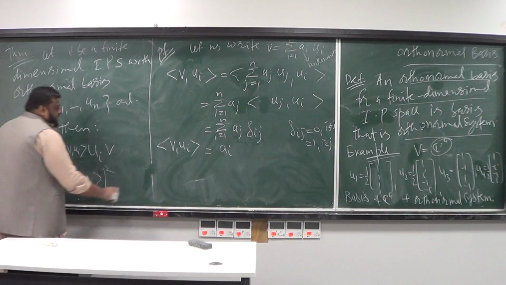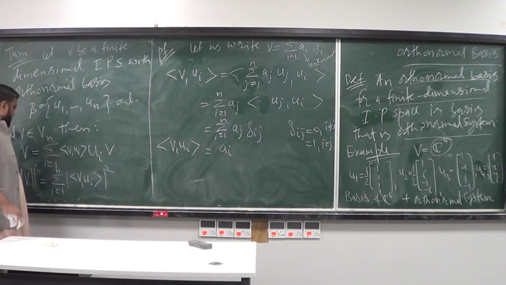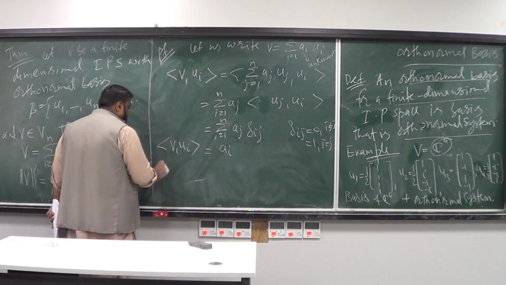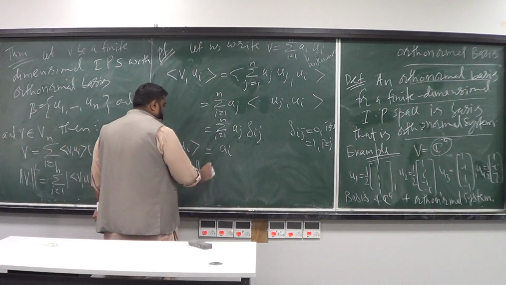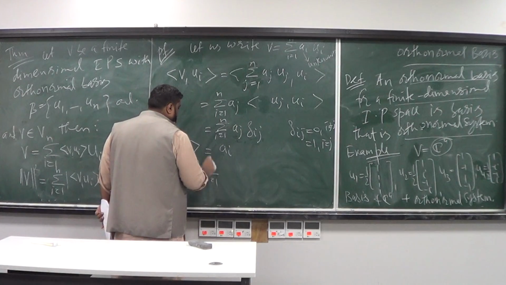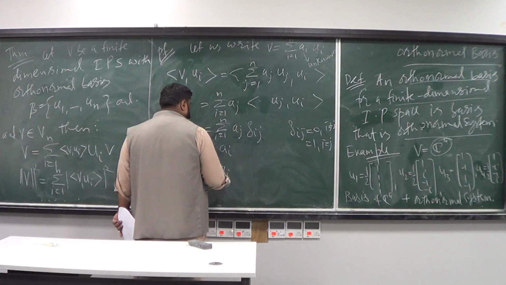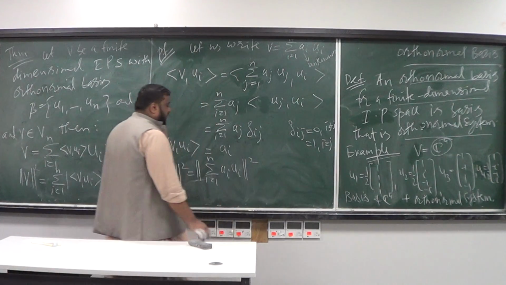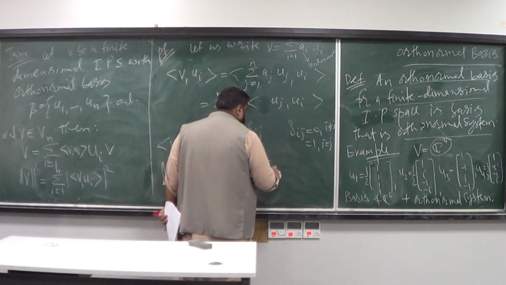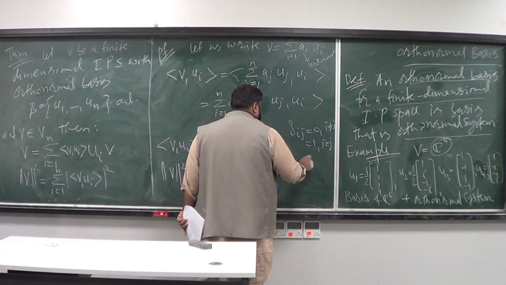The second one is really a direct consequence of our generalized Pythagorean theorem that we proved. If you take the norm of v squared, where v is the sum from i equals 1 to n of a_i u_i, we just proved previously that this would be equal to the sum from i equals 1 to n of the magnitude of a_i squared.